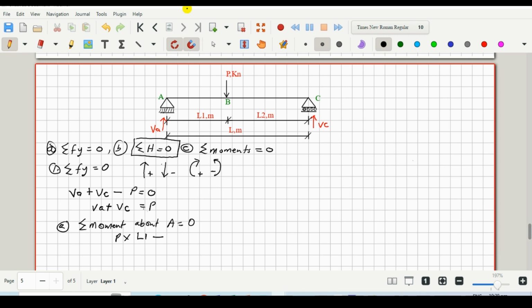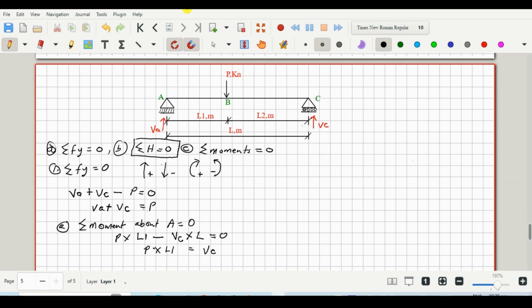So negative, the magnitude of the force is VC multiplied by its lever arm, which is L, so times L, all equals to 0. If we solve this, we'll have P times L1 equals VC times L.